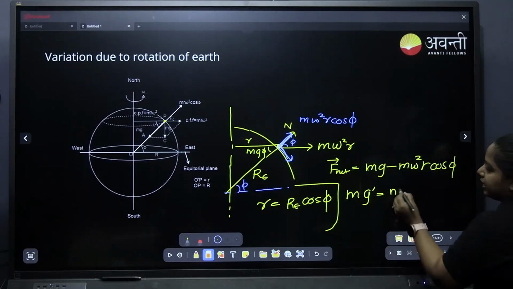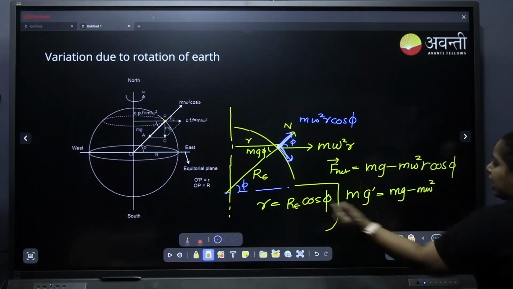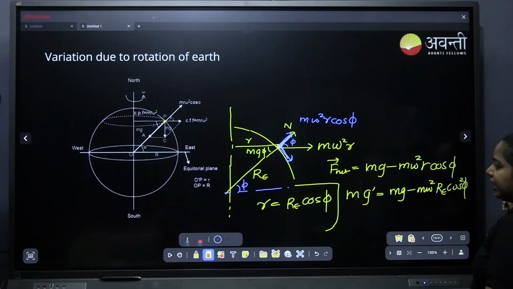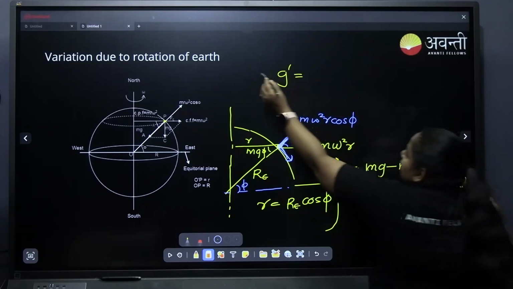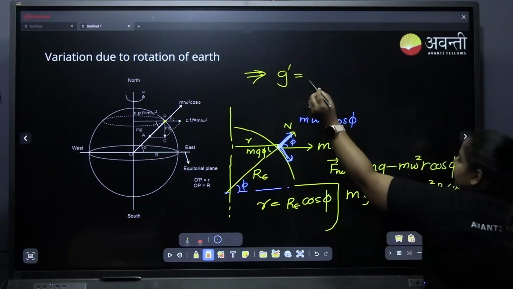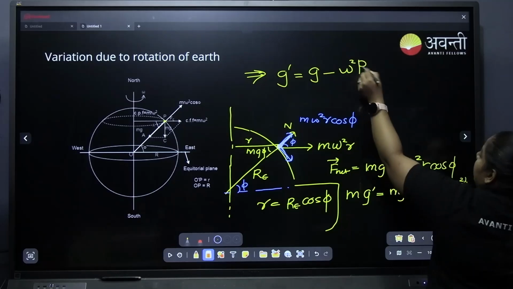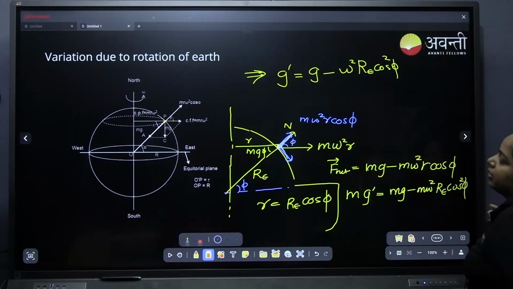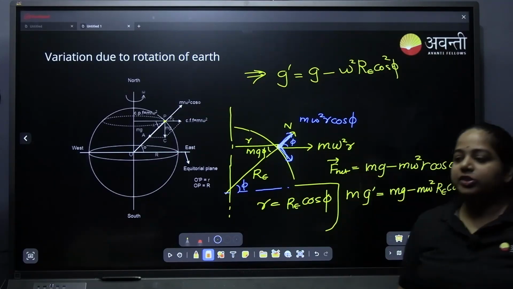That we can say mg minus m omega square r, and we will substitute r equal to Re cos phi. We can cancel m along the equation, and we will get g dash equal to g minus omega square Re cos square phi. Due to rotation of the earth, this will be the new acceleration due to gravity.